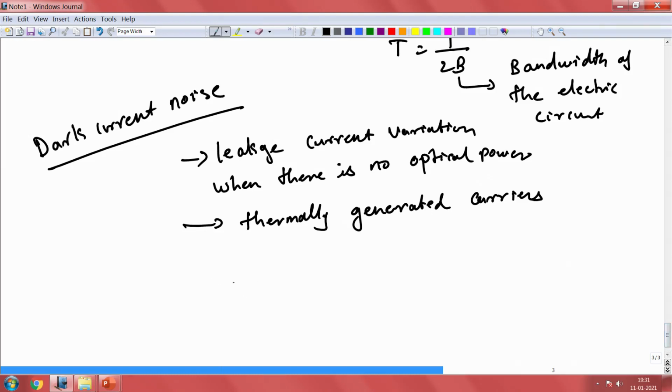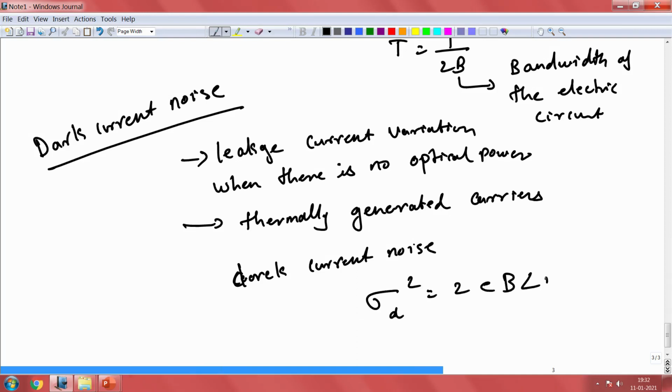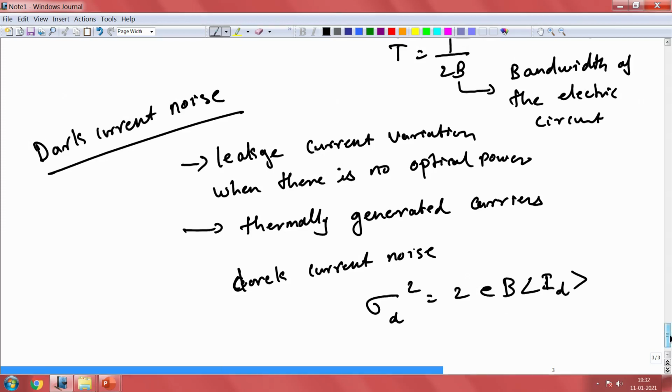So, for the dark current noise, the variance is given by the average current, the bandwidth of your circuit, and E, which is your charge. Okay. So, this is how you can calculate your dark current noise from the detector here.